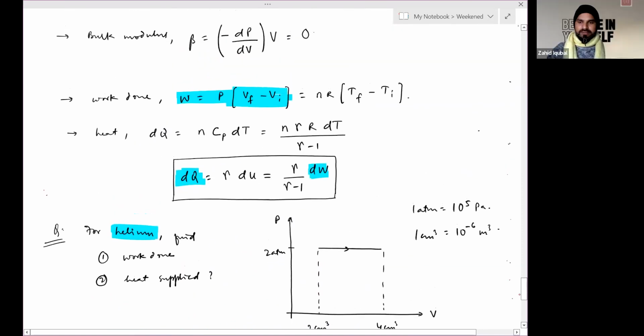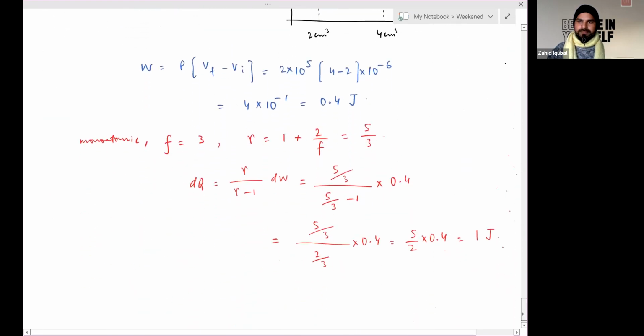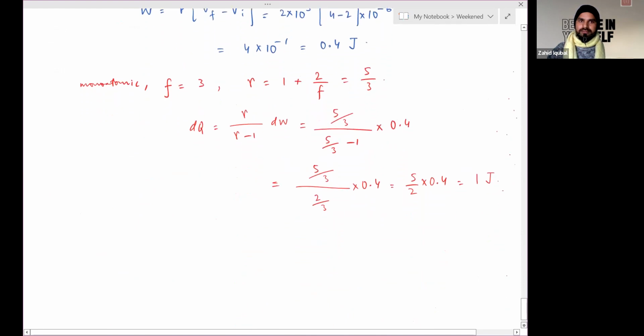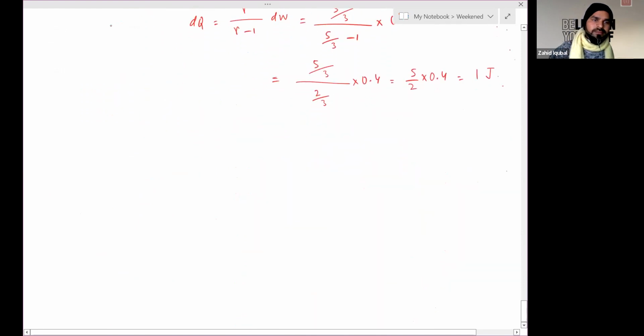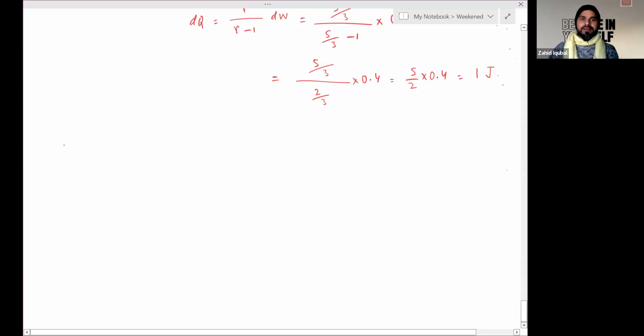In last class, we have done isobaric process. Next process is isochoric, or it is also called isometric.